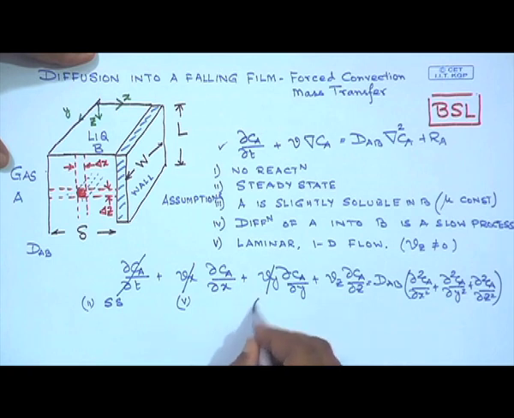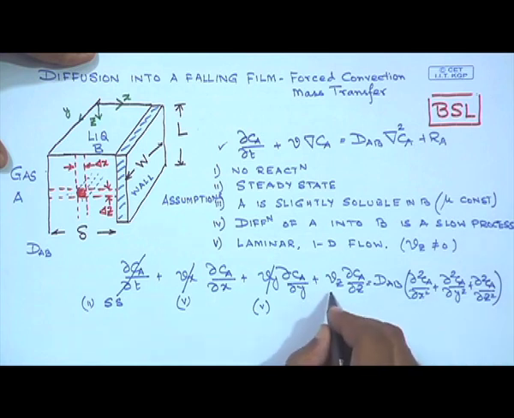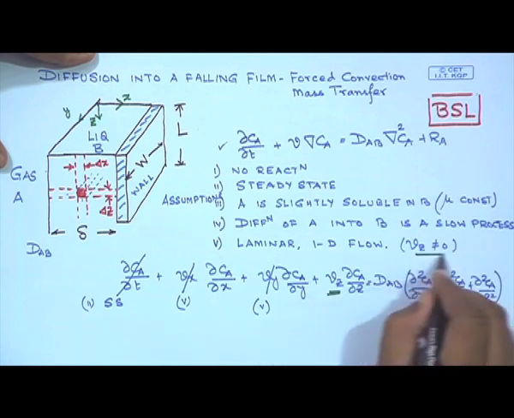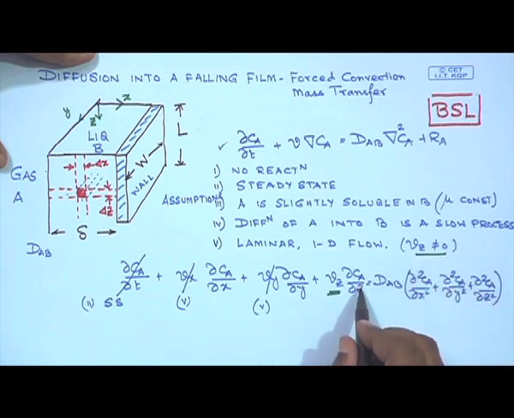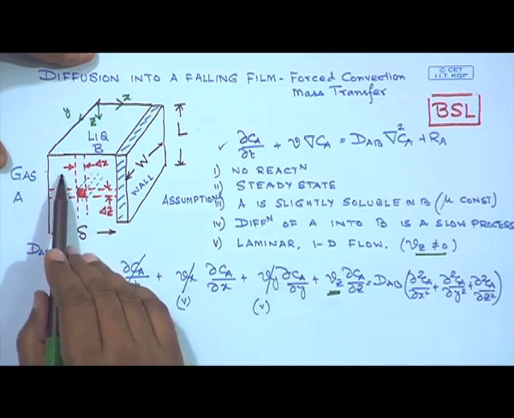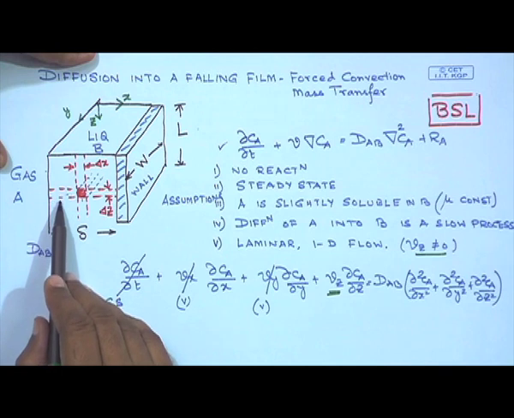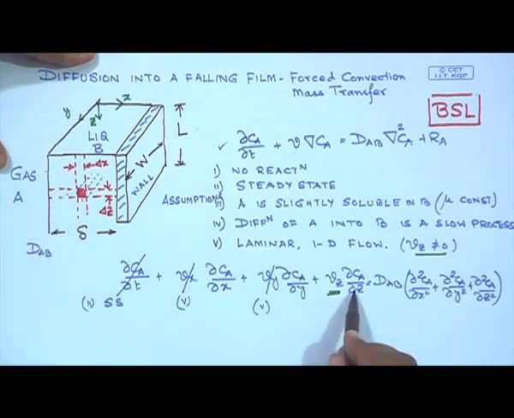For the same logic, I am going to get Vy to be 0 as well, since again it's laminar 1D flow. But I understand that Vz is not equal to 0 and Ca is going to be a function of z. As I move in this direction, what I am going to see is that at a fixed z, the concentration is going to change with z.